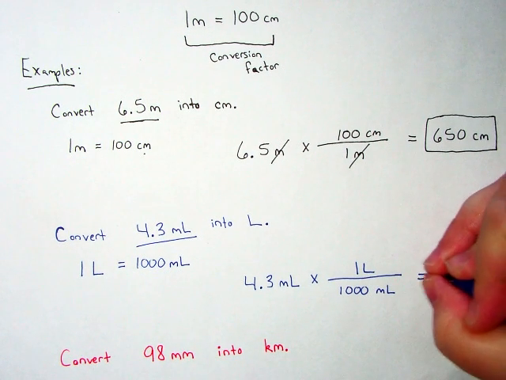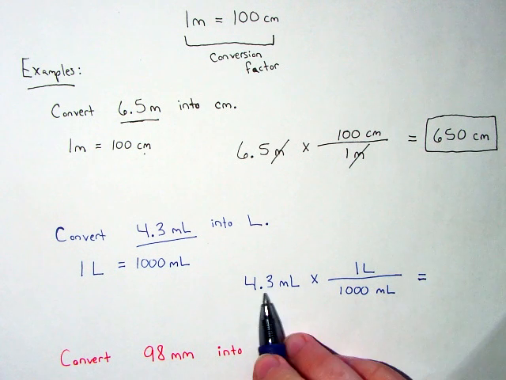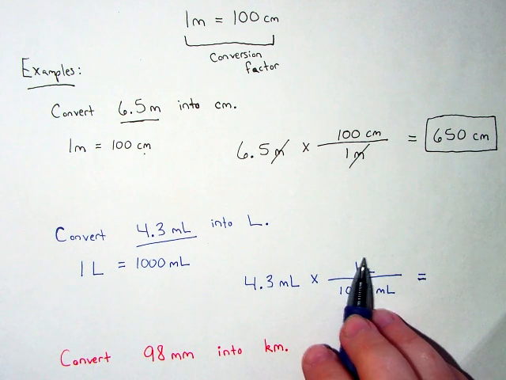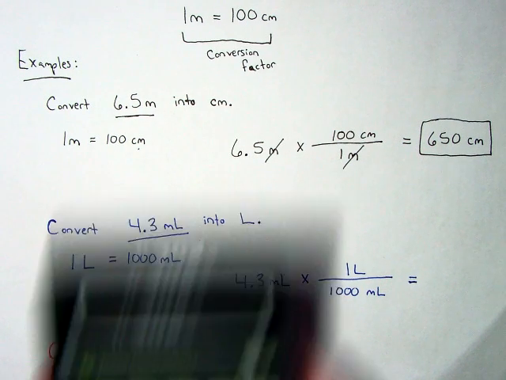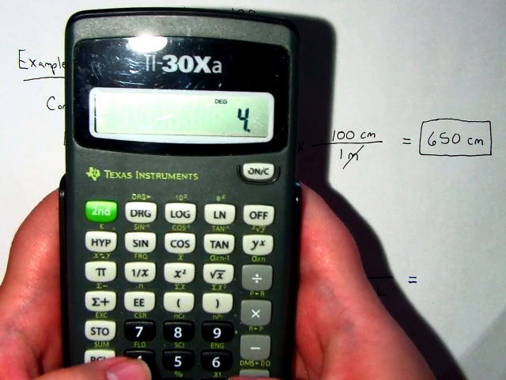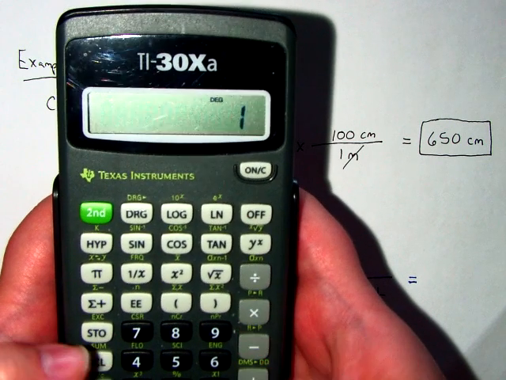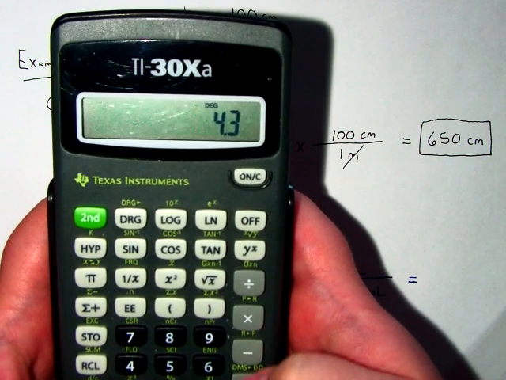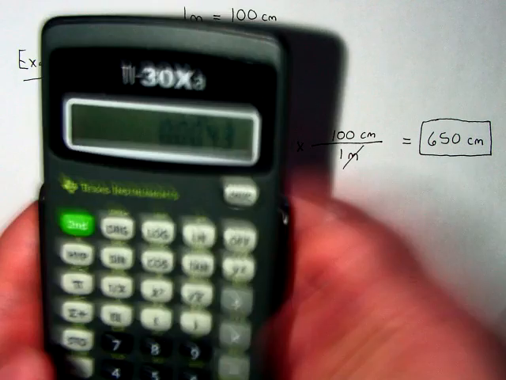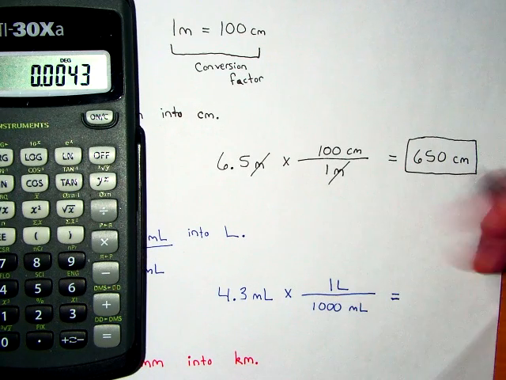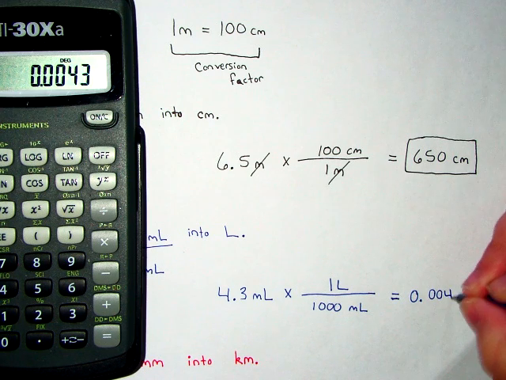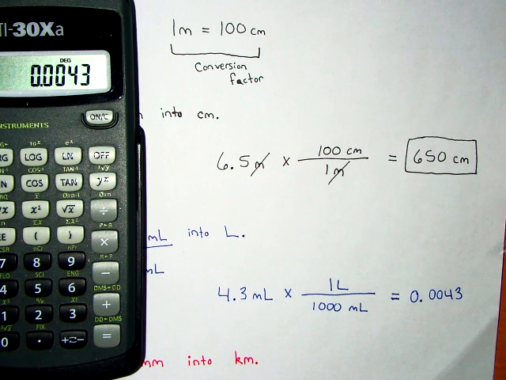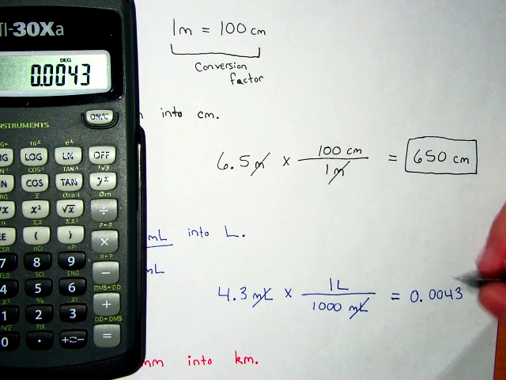Okay, now I have 4.3 times 1 divided by 1,000. If you plug that into the calculator, 4.3 times 1 divided by 1,000, I get 0.0043. My unit, since my milliliters canceled, is going to be liters.